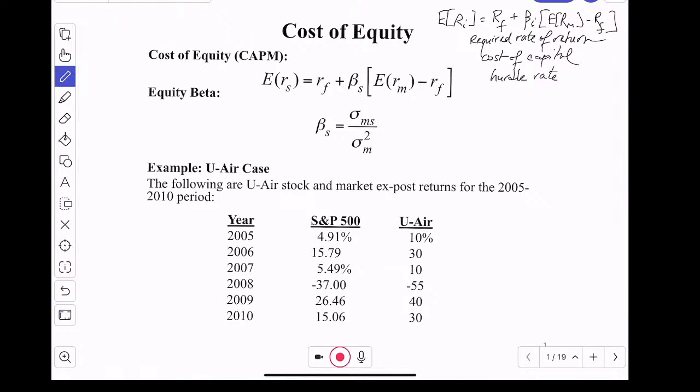So for an all equity firm, let's find the cost of equity.